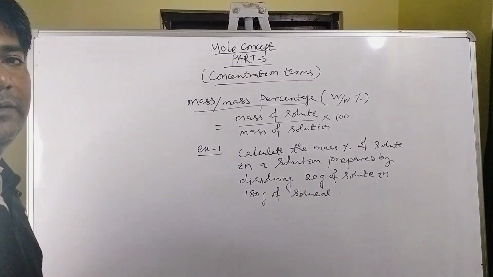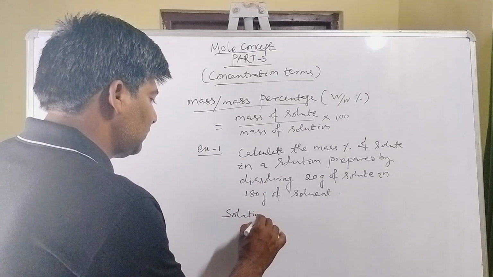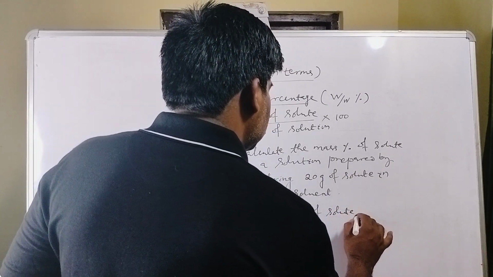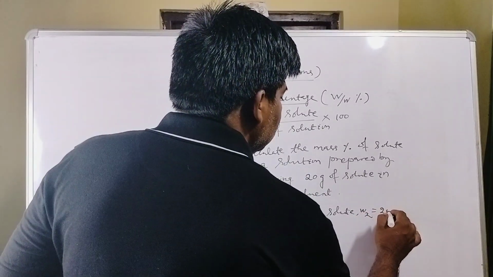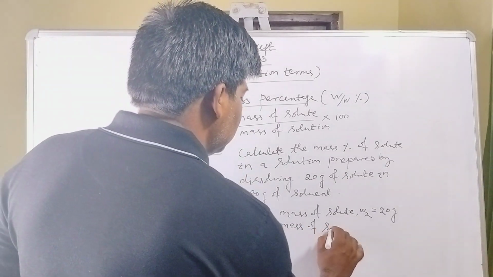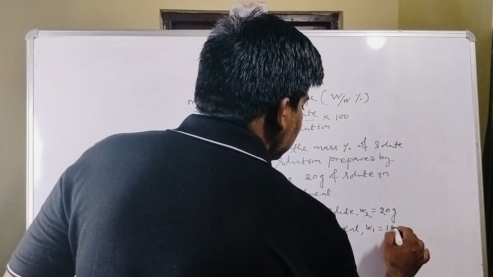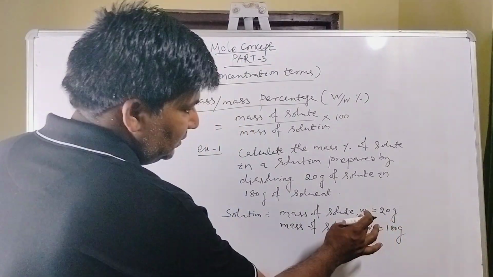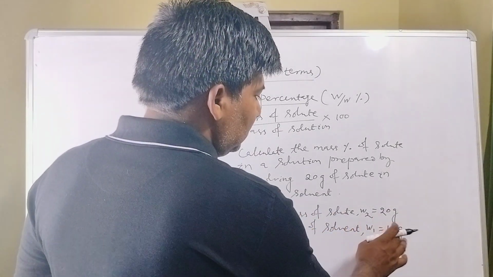Okay, so here mass of solute, denoted by W2, is equal to 20 grams. Mass of solvent W1 is 180 grams.